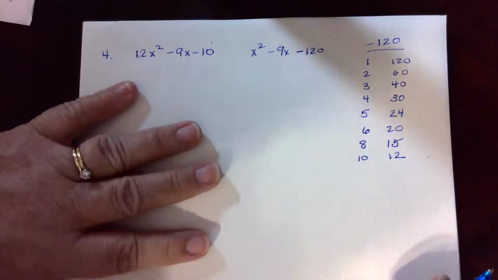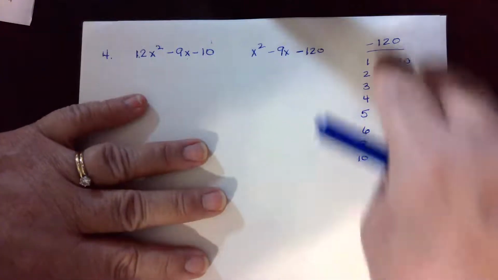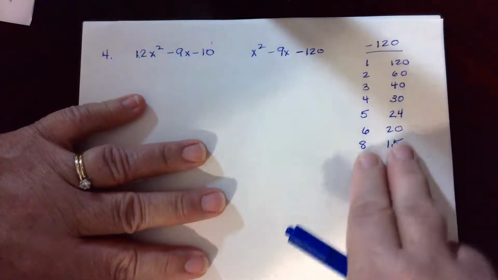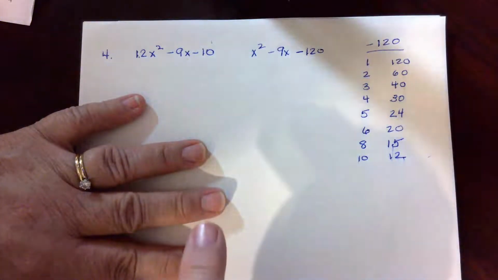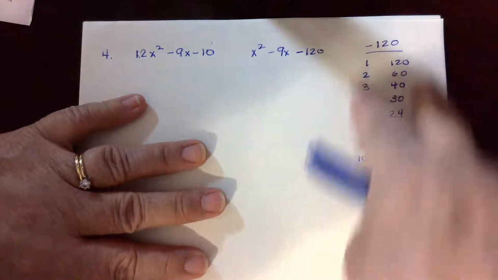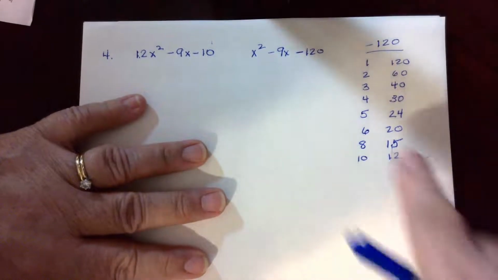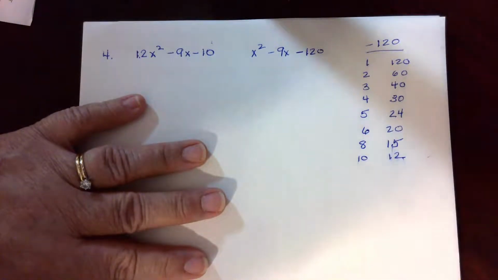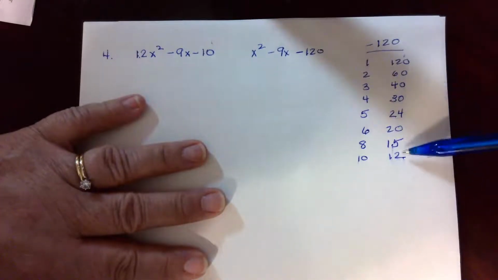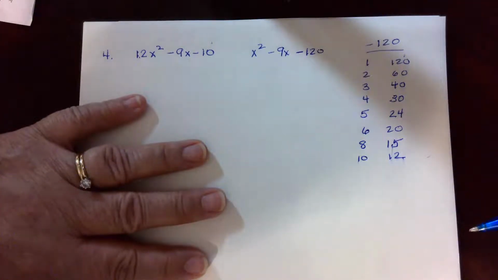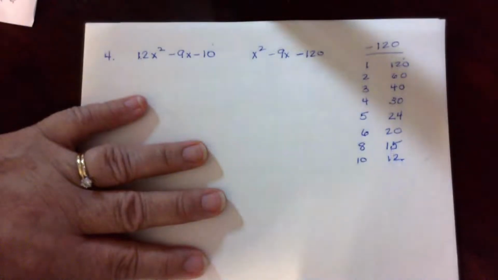Now, as I said in class, this part's not required. If you can look at this and know which 2 numbers to use, you don't have to make this list, and you'll get to the point that you'll learn to recognize as soon as you hit the answer which one it is.